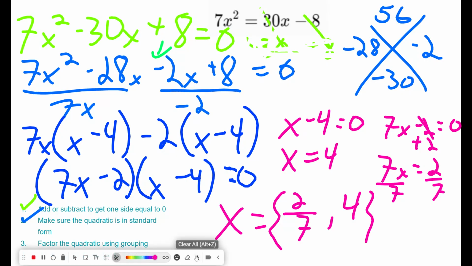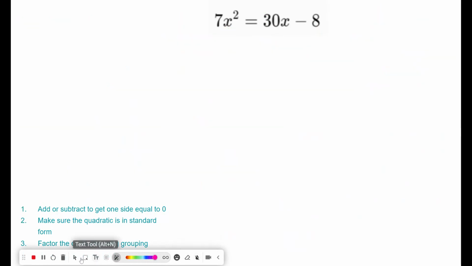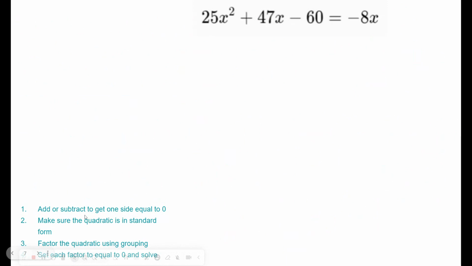Let's do a third example. 25x squared plus 47x minus 60 equals negative 8x. Checklist says add or subtract to get one side equal to 0. So let's add 8x to both sides.